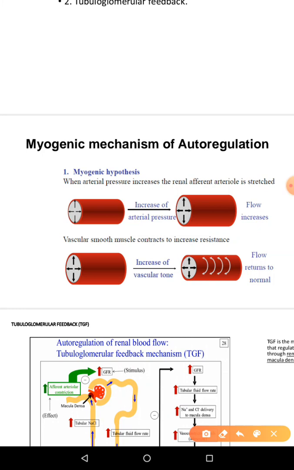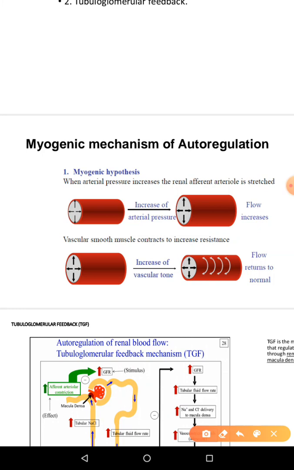It states that increased arterial pressure stretches the blood vessels, which causes reflex contraction of smooth muscles in those blood vessels, resulting in increased resistance to blood flow. Let me repeat. The myogenic hypothesis states that increased arterial pressure will stretch the blood vessels, and that stretch will cause a reflex contraction of the smooth muscles in those blood vessels, and consequently increase resistance to blood flow.